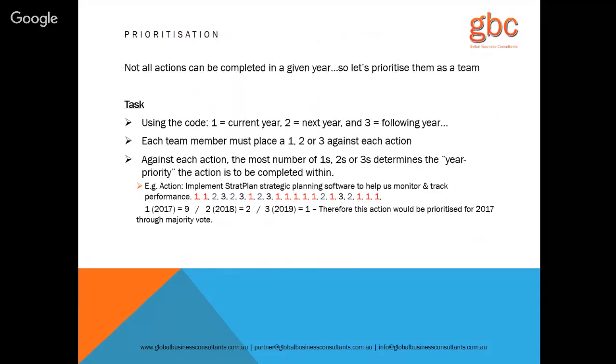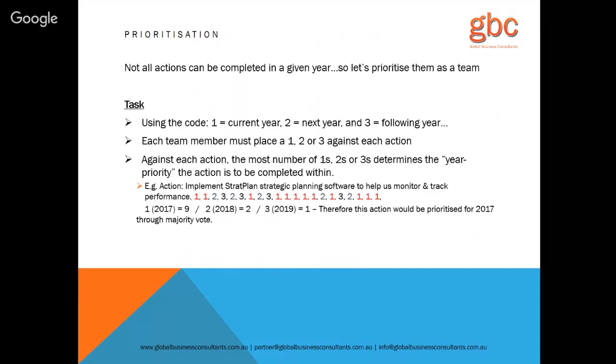And that means that that action will be prioritized for 2018. And if he believes that another action is 3, that means it's less of a priority and it can be prioritized in our instance in 2019. So against each action, the most number of 1s, 2s, and 3s determines the year priority.